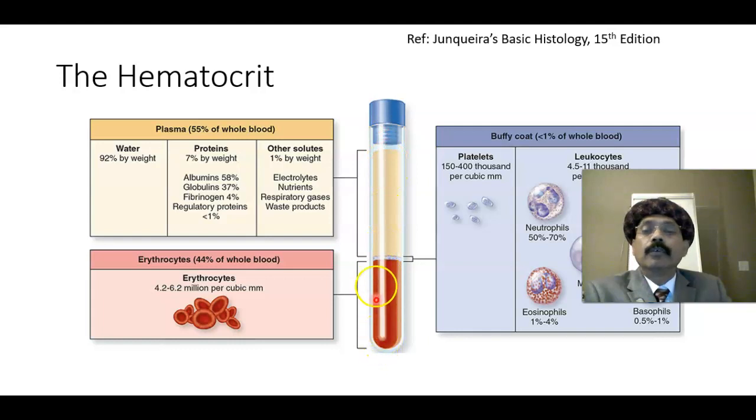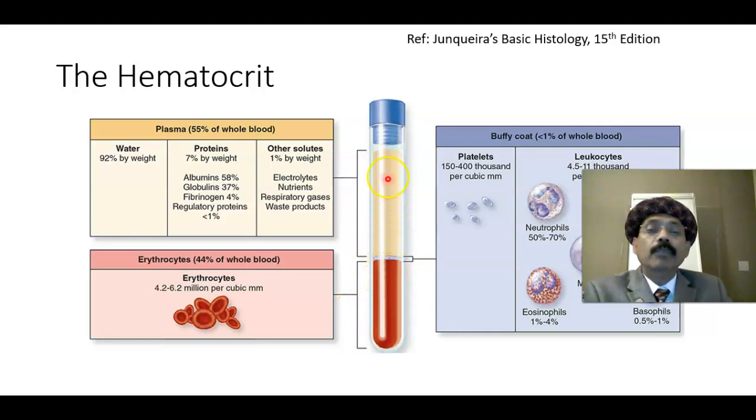Hematocrit is an important indicator. If it is low, then the patient has anemia. The number of RBCs may be decreased, and the hemoglobin amount may be decreased.